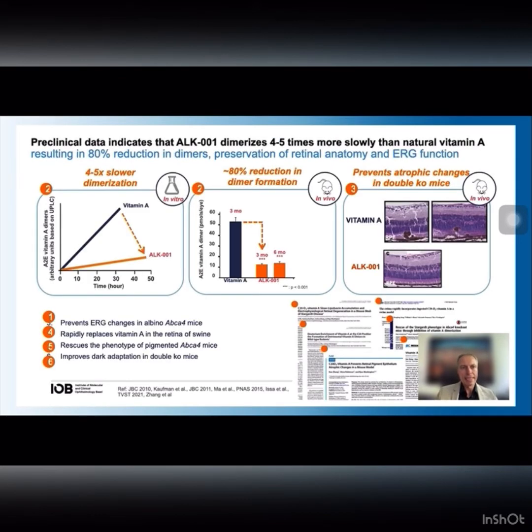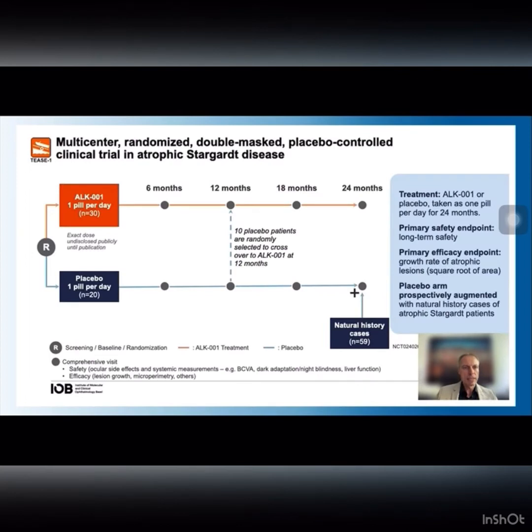Preclinical data indicates that ALK001 dimerizes 4 to 5 times more slowly than natural vitamin A, resulting in an 80% reduction in dimers, preservation of retinal anatomy, and ERG function in preclinical models. The TEASE trial was a multicenter, randomized, double-masked, placebo-controlled clinical trial in atrophic Stargardt disease.